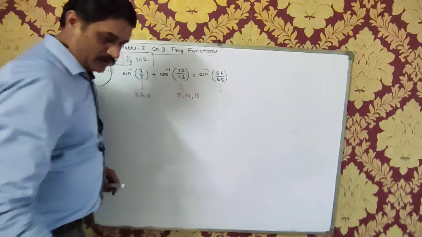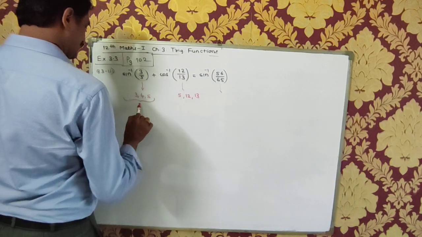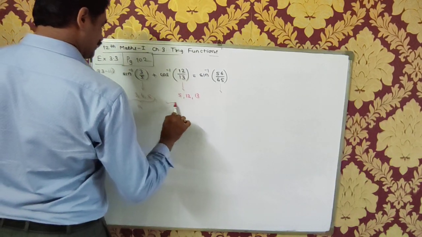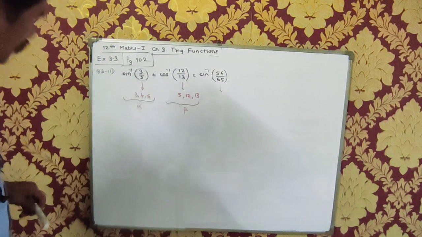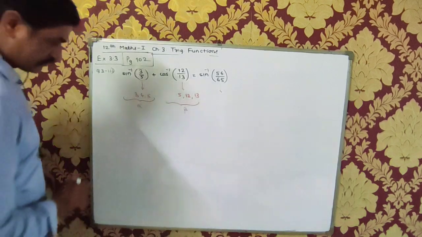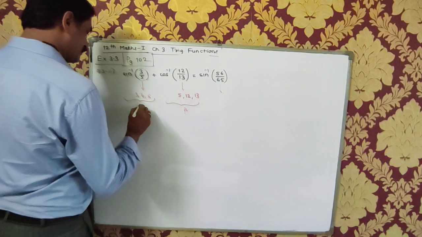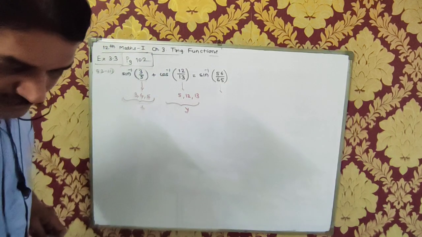So I will call this alpha and this beta. We call this alpha and beta, or x and y, whatever. So let us proceed further.